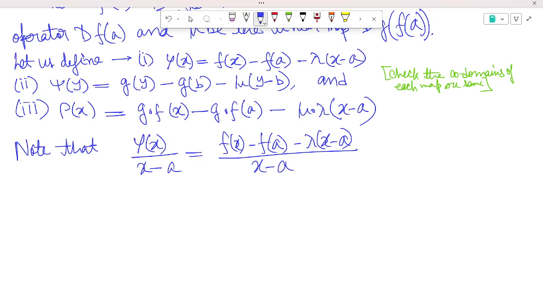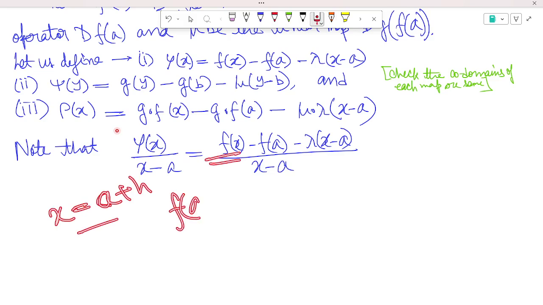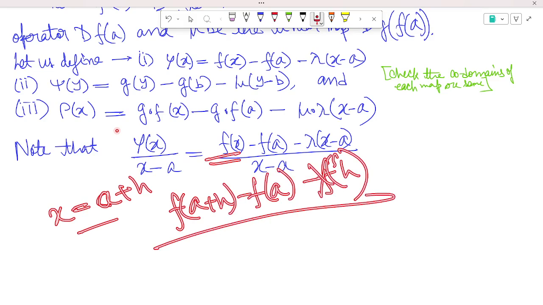Sometimes I say the same thing: if you assume x equal to a plus h, then this is something like f of a plus h minus f a minus lambda h by h. This is the same notation, okay?